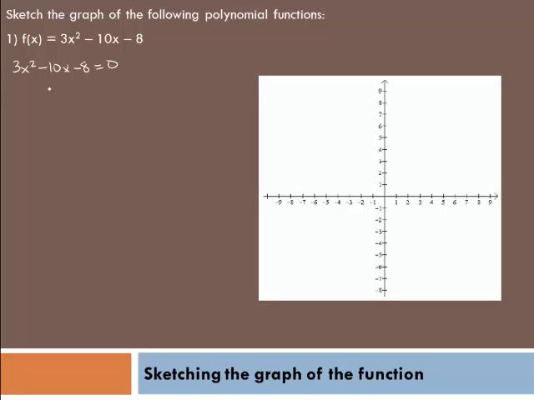And when we factored it, we got 3x plus 2 and x minus 4. And when we set each of those equal to 0, we got x was equal to negative 2/3 and x was equal to positive 4.